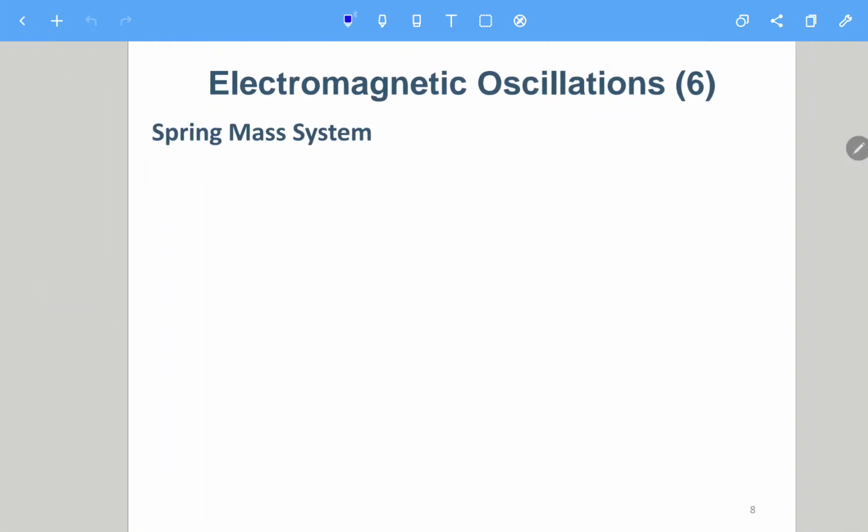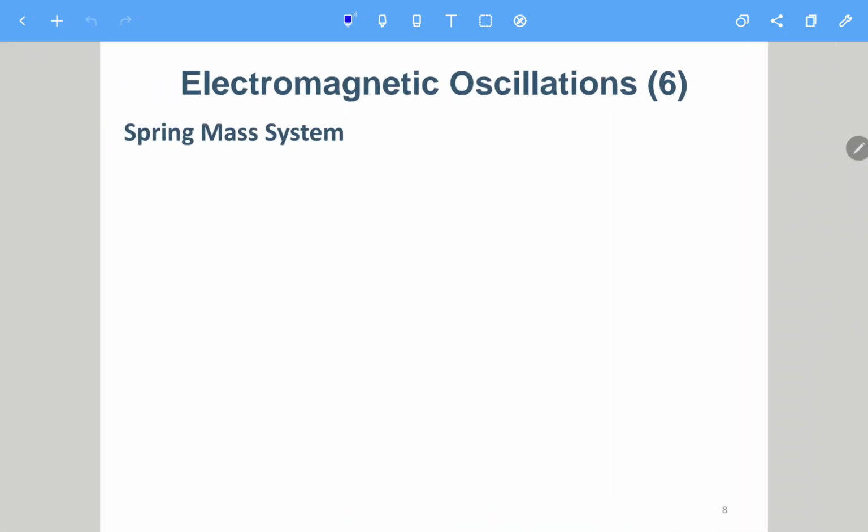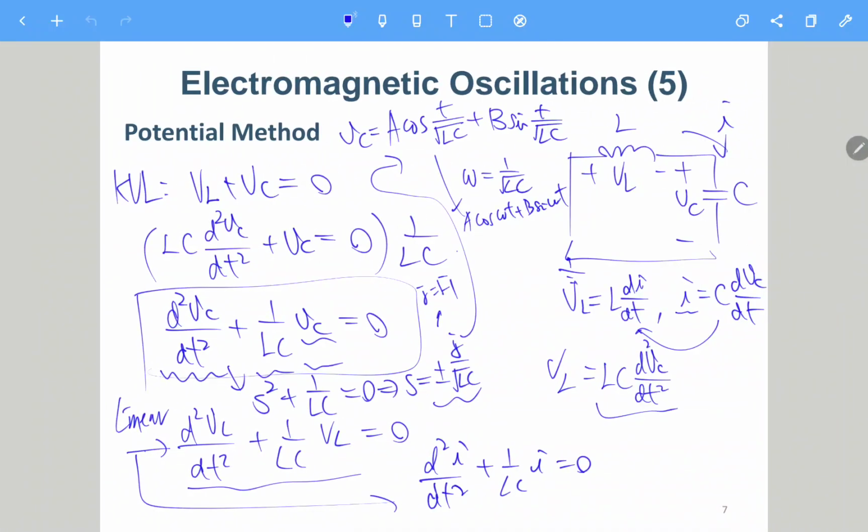You can see the solution only has a cosine or like this. Actually, this is a trigonometric identity. You can change it to polar coordinates. Hope you still remember high school trigonometry. You can make this cosine phi and this sine phi.